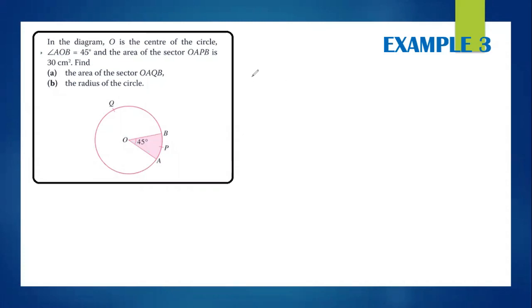Okay, the first step, we are going to find the sector OAPB. That's the first step. Sector OAPB is theta over 360 degrees times the circumference of a circle, right? Sorry, not circumference, that's the area.